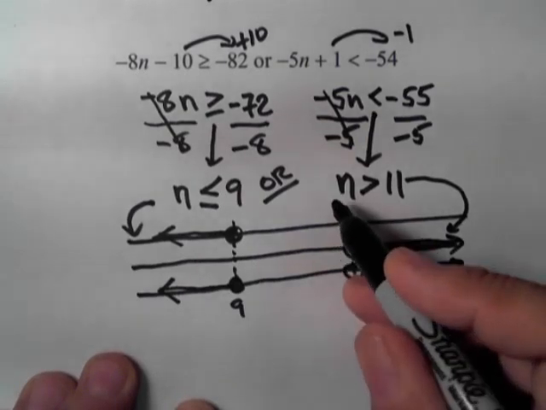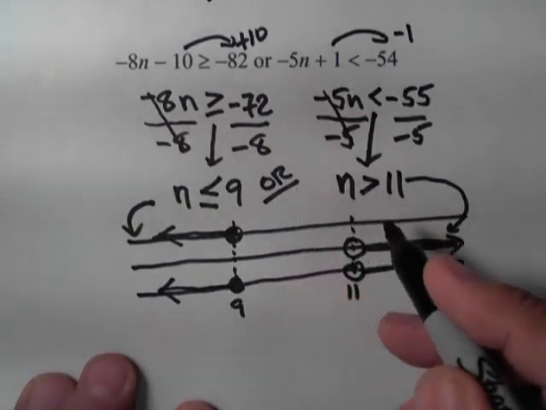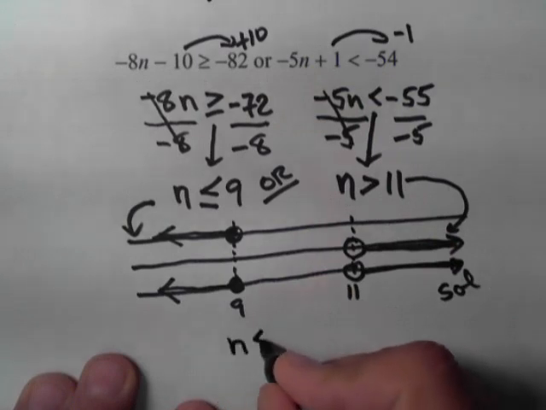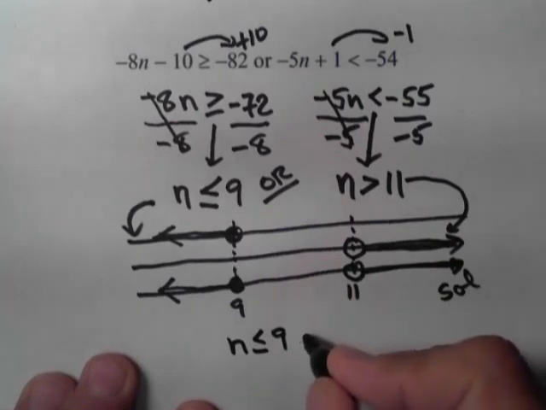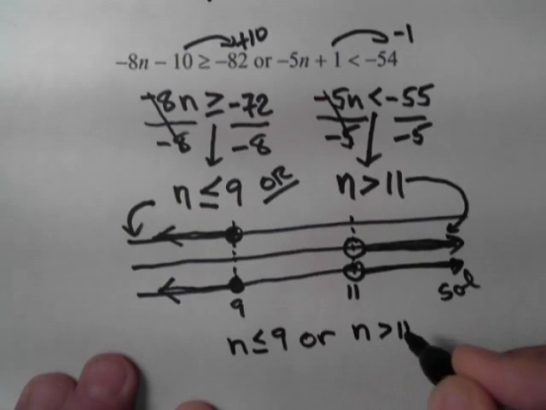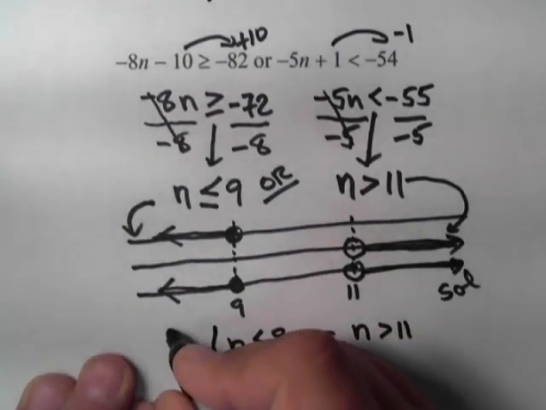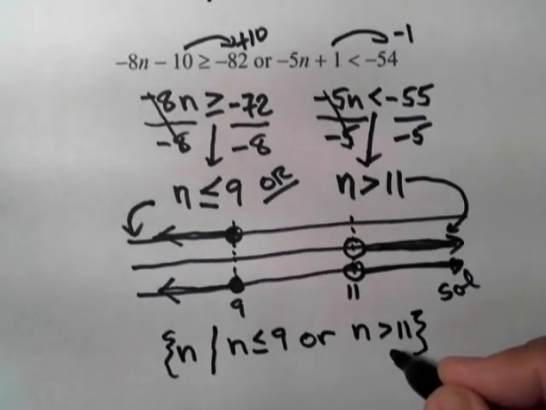Now, to do this in set builder notation, you basically just have to write out the ors up here that we have. So n less than or equal to 9, or n greater than 11. Put your set line, the variable n in front, and the curly brackets around. And that's how you write it in set builder notation.